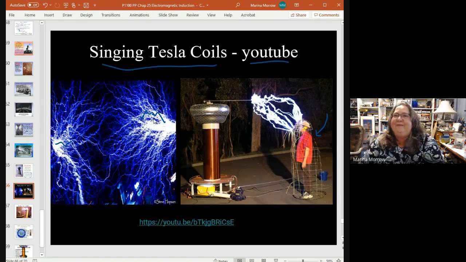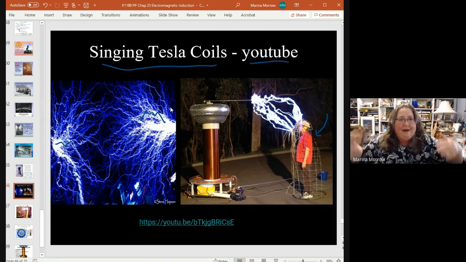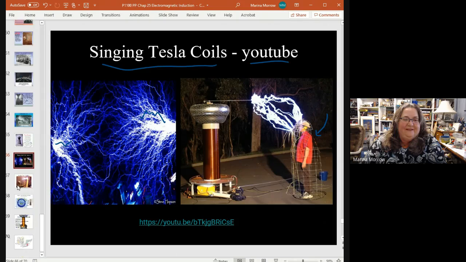Nowadays, remember that music video with all the cool physics in it that you were supposed to watch. And in there, they're putting on these silvery outfits, right? Well, those are modern cages. And what that does is it shields you from the electromagnetic field.